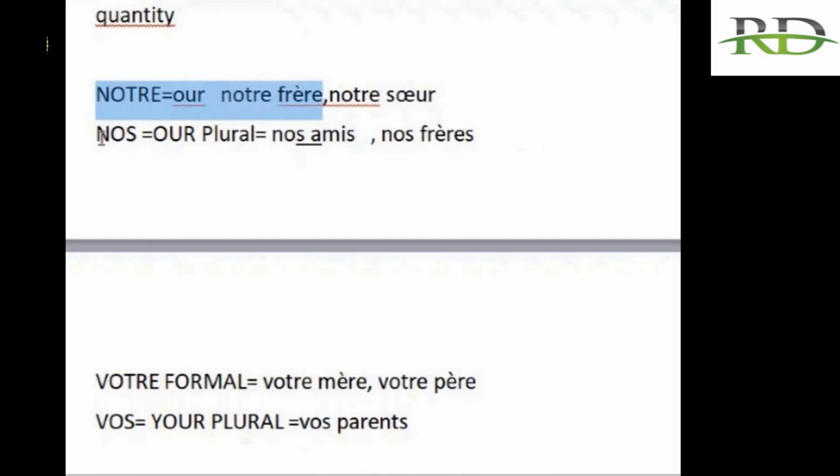But when you're saying hamare, then it is going to be changed into nos. Ma'am, what is the pronunciation? It's the same, N-O-S, nos. So we are not producing the sound of S, until and unless it needs to combine with a vowel. Here you're going to pronounce it nos amis.